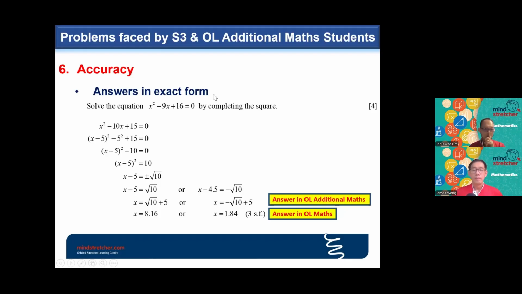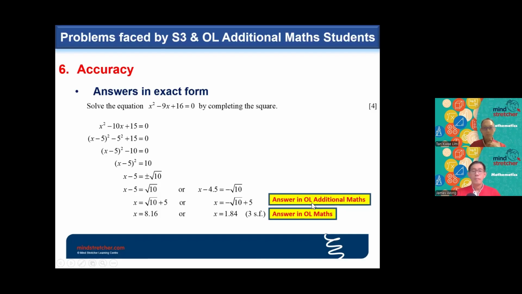What do we mean by answers in exact form? For example, this question is saying to solve the equation x squared minus 9x plus 16 equals 0 by completing the square. In O-level mathematics, usually we solve until we get the value of x, and we usually round it off to 3 significant figures.